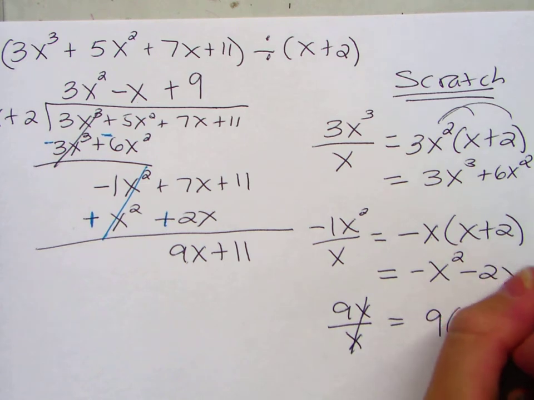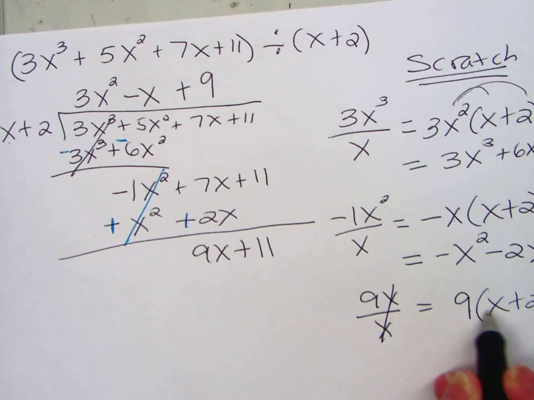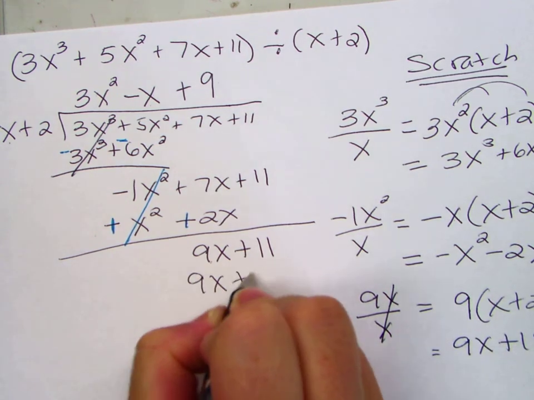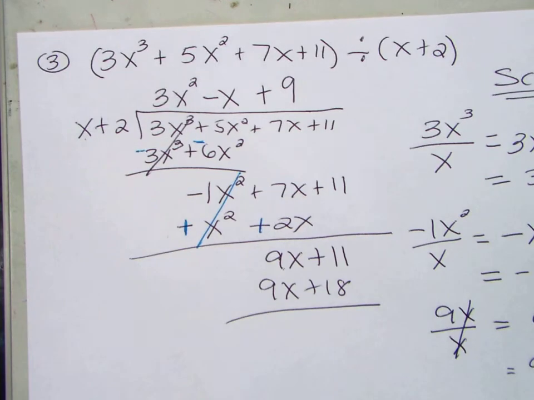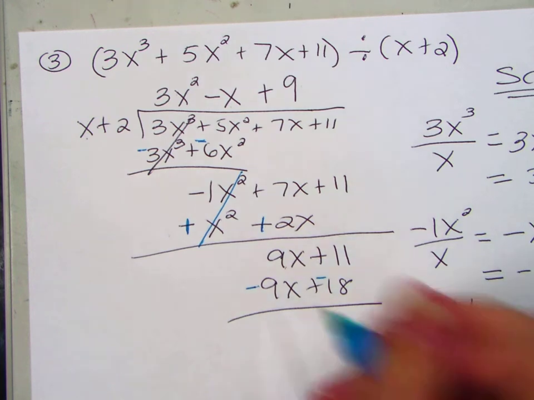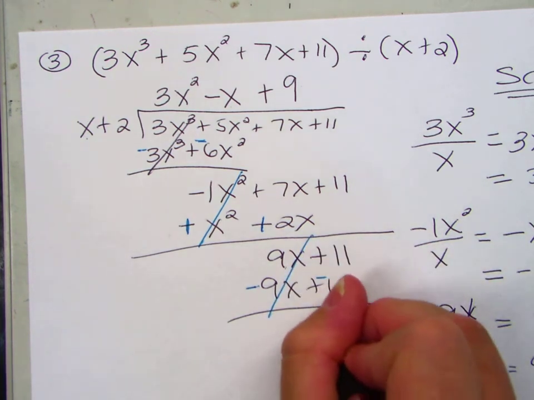Distribute again, because we're doing 9 times x plus 2. 9 times x plus 2 is 9x plus 18. We're subtracting. Change the signs. The 9x's cancel. 11 minus 18, though, is negative 7.